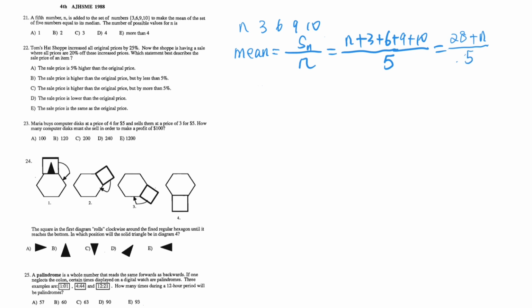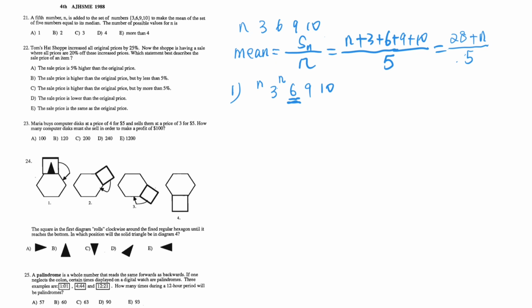The median equals the mean. So what's the median? The median is the middle number. So we do casework on where n is placed among 3, 6, 9, 10. If n is less than 6, we can put n here or here, it doesn't matter, the median is 6.